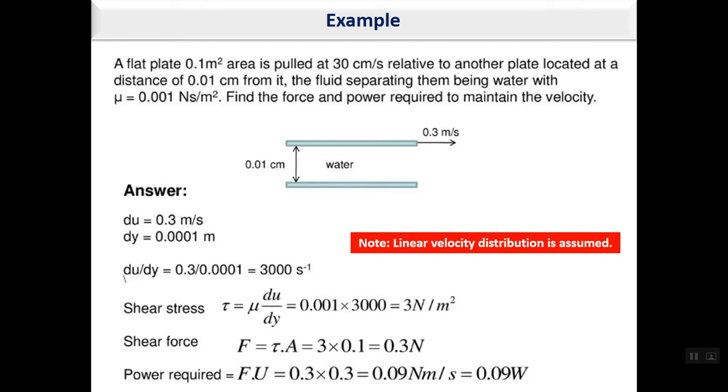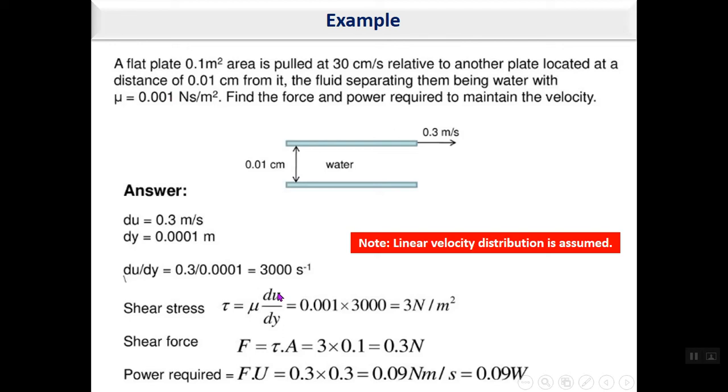Okay, here you want to calculate the force. So the force, as we discussed in the previous slide, is shear stress multiplied by A. A is given here, as you can see, and tau is mu du over dy. Mu is given, I think, here, yes.